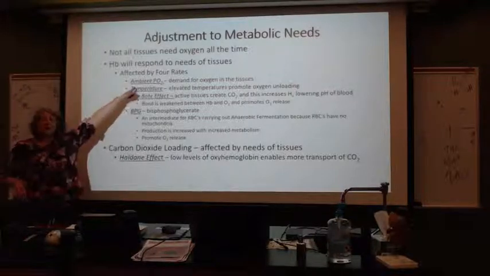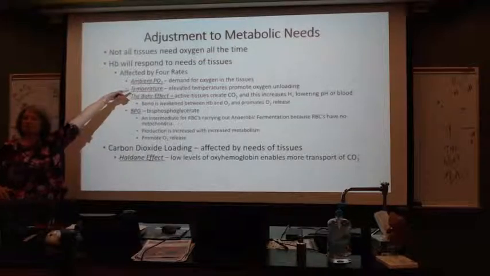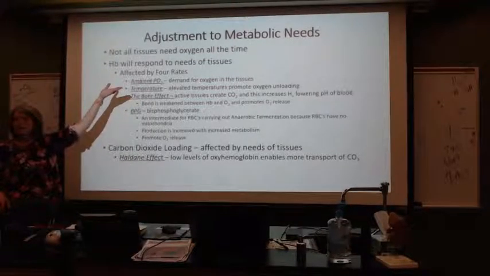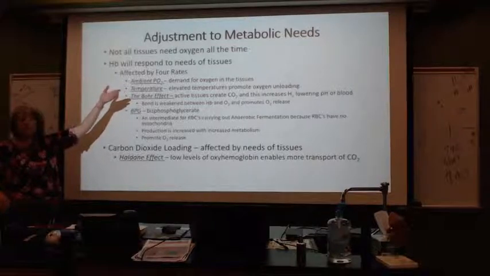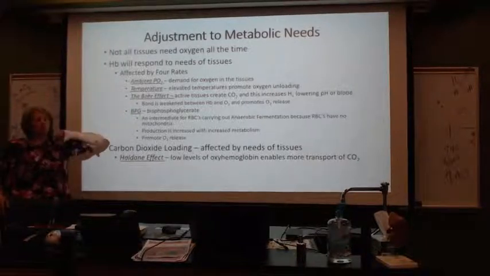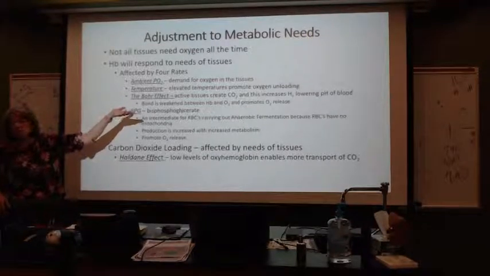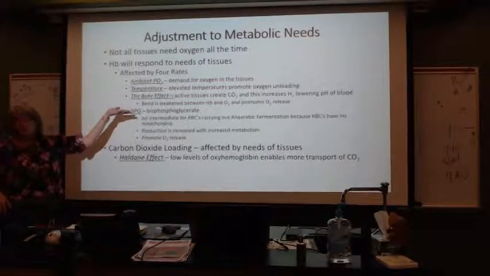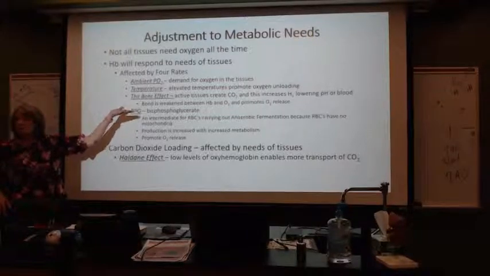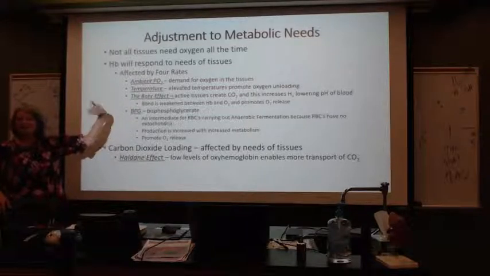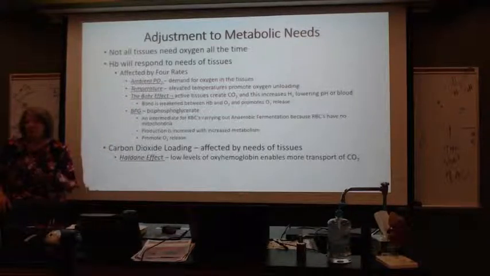It could be the ambient pressure. For example, what's the pressure around us? Remember how we talked about elevations? Okay. What is the temperature? Well, temperature tends to go up in our bodies. Remember that good old 98.6? But if we're busy doing something, temperature goes up. We're demanding more oxygen. Well, temperature goes up because temperature of tissues has gone up.